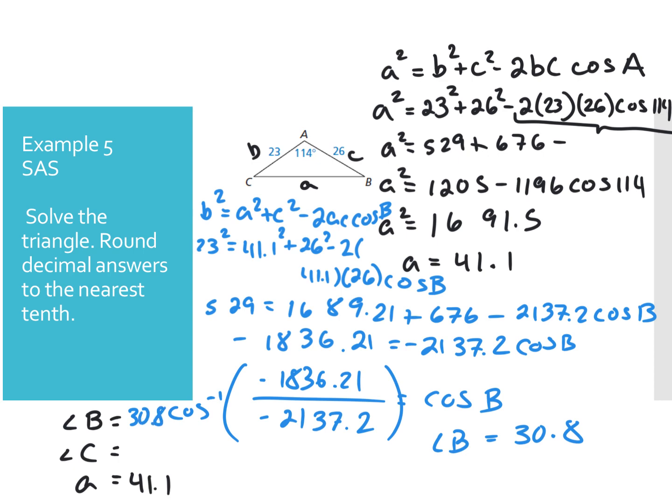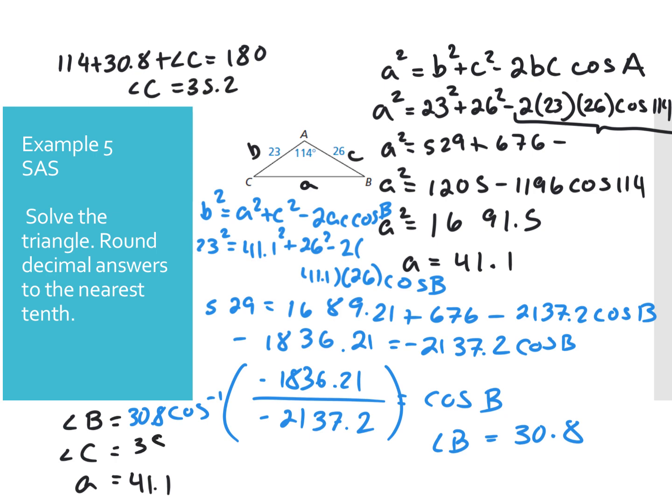Now, since I found angle B and I have angle A, I'm just going to go ahead and do 114 plus 30.8 plus angle C equals 180. So if I do 114 plus 30.8, subtract it from 180, I get that angle C is 35.2.